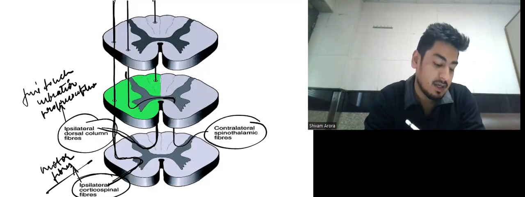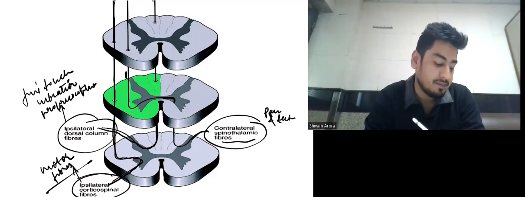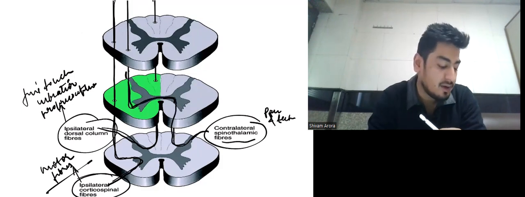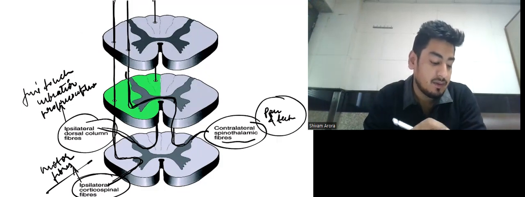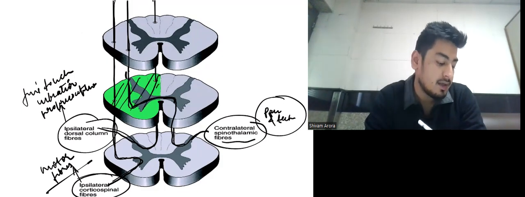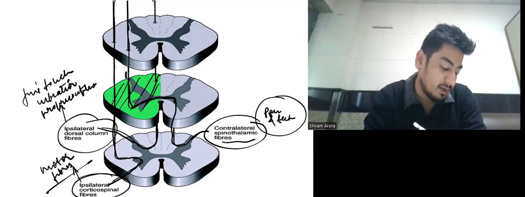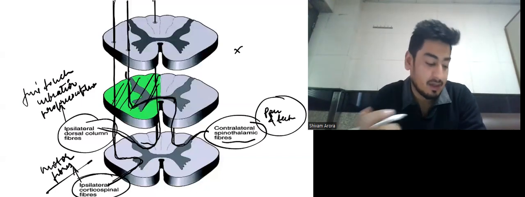Now we have the spinothalamic fibers which carry pain and temperature, crossing over to the contralateral side and then going up to the cortex. So when there is hemisection like this, the ipsilateral dorsal column pathways are involved because they are not crossing over.